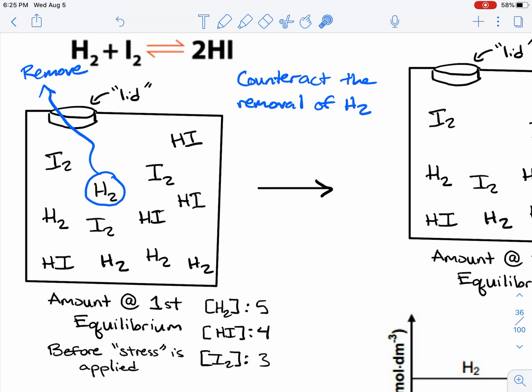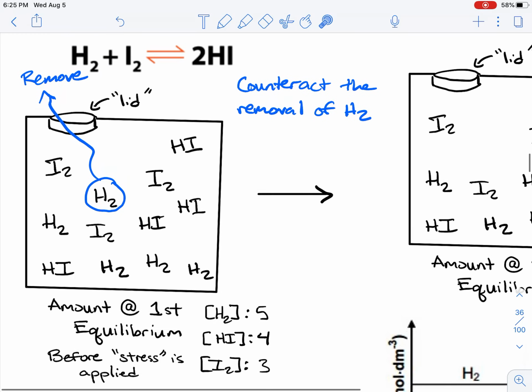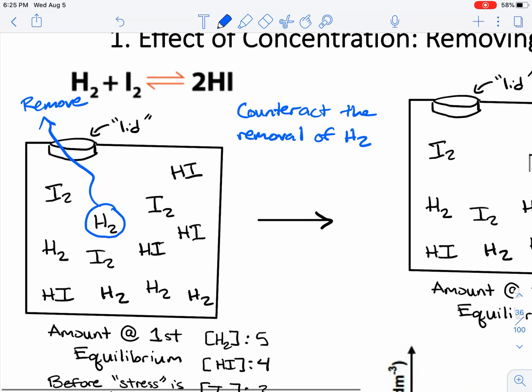We need to compensate what was lost by consuming the substance that's on the other side of the arrow. In other words, we're going to consume hydrogen iodide. So we're going to consume product to counteract the removal of H2.